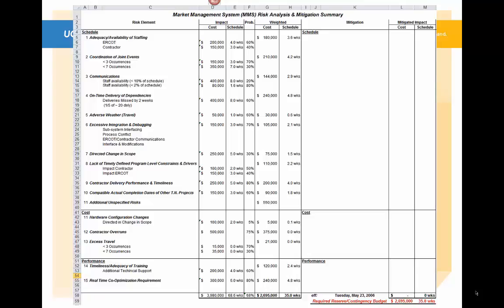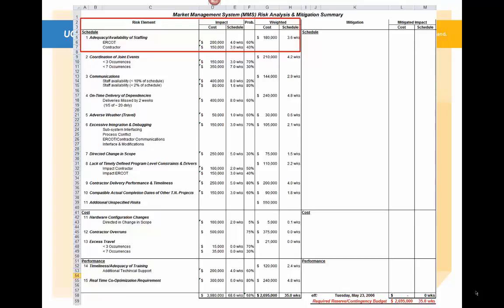It's not that the risk impact will only impact schedule or cost or performance. It's primarily the way I've identified the risk as what is the major element that it would impact should the risk event occur, such as schedule. Taking a look at the top one, the first one, actual risk is adequacy and availability of staffing by both the company and the contractor.